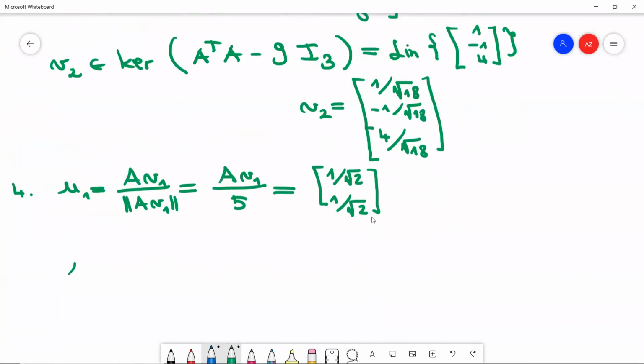And the same for U2. So it's A V2 over the norm of A V2. And if we calculate this, we get 1 over square root of 2 and minus 1 over square root of 2.